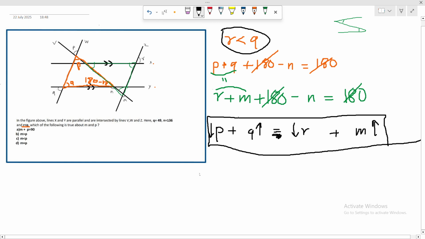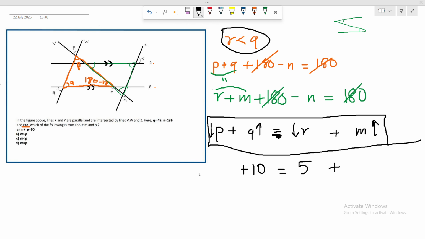Let's understand this by an example also. Let's suppose q is 10 and r is 5, because we know q is greater than r, we're just assuming a random value to satisfy the condition. Let's suppose p is 5.